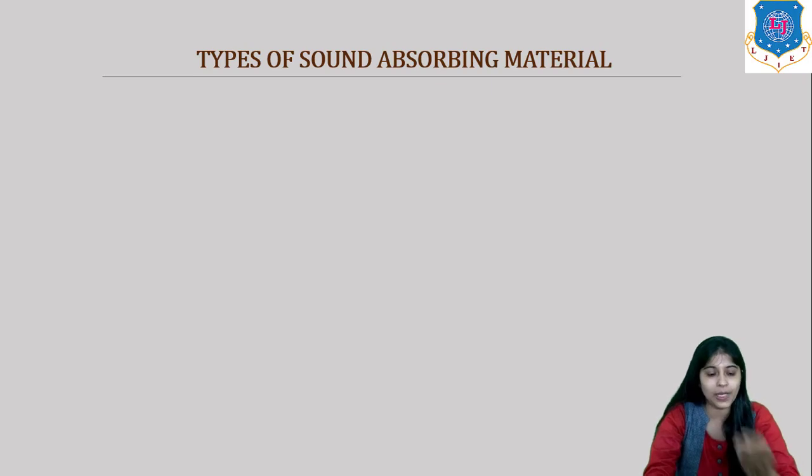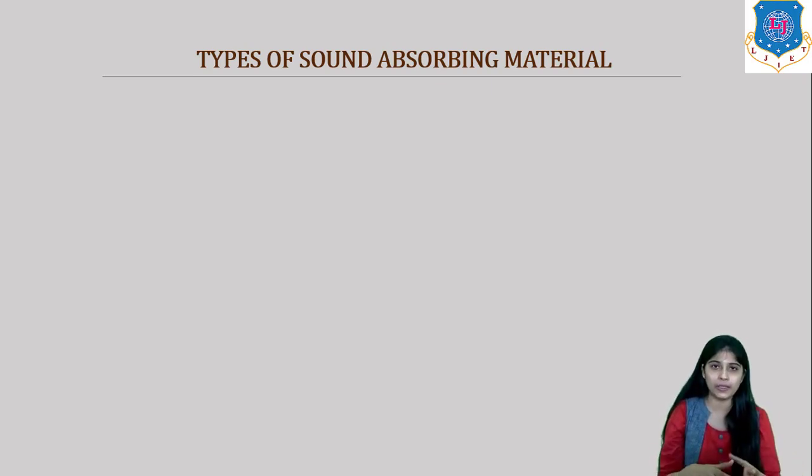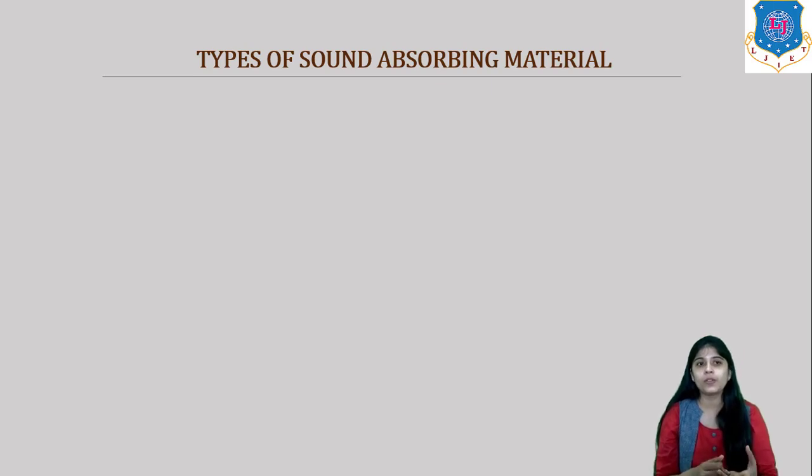Sometimes sound is concentrated at a particular area. Due to interference phenomena, if it is constructive interference, then sound will be maximum at a particular area, and if it is destructive interference, then sound will be minimum at a particular area, or sound will be dead.